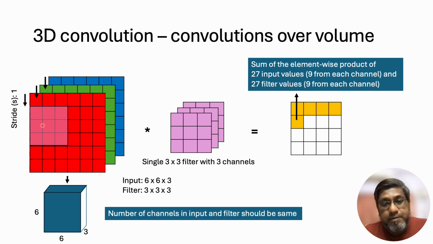And similarly, multiplying element by element for each of these channels and adding those numbers will result in the first pixel of the second row for the output image.